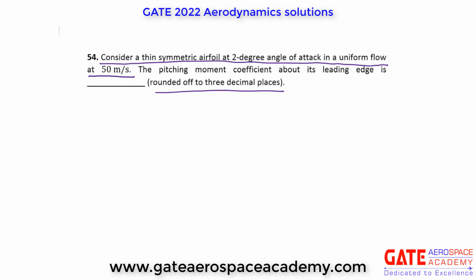So what was the formula for pitching moment coefficient about leading edge? Cm leading edge is equal to minus pi alpha by 2, so it will be minus pi by 2 times alpha in radian.